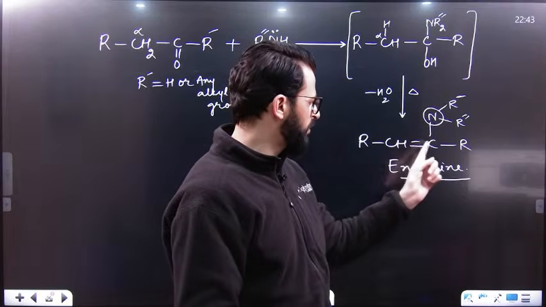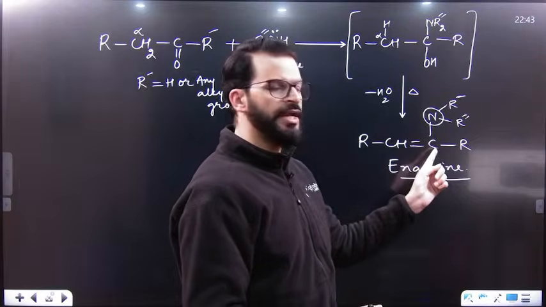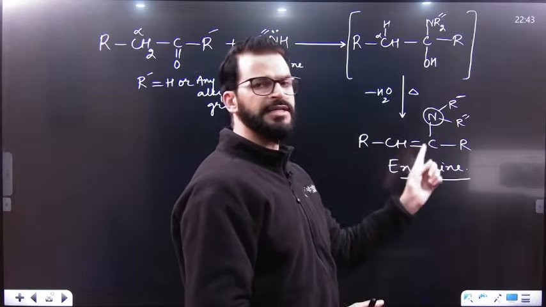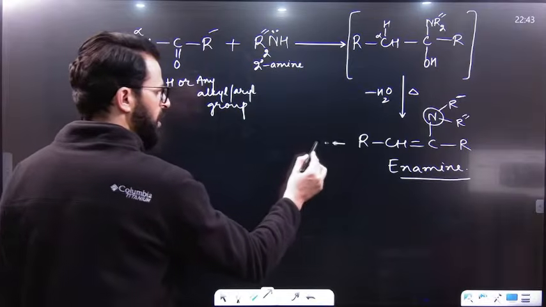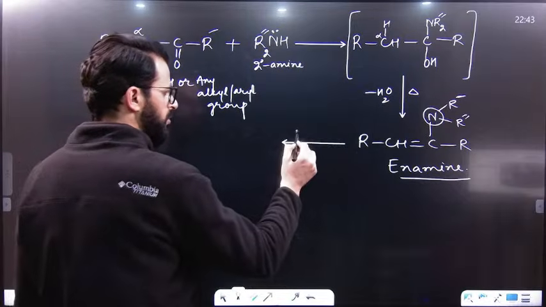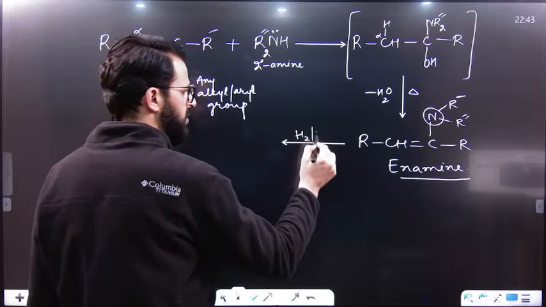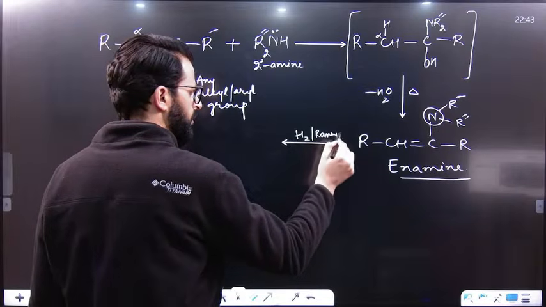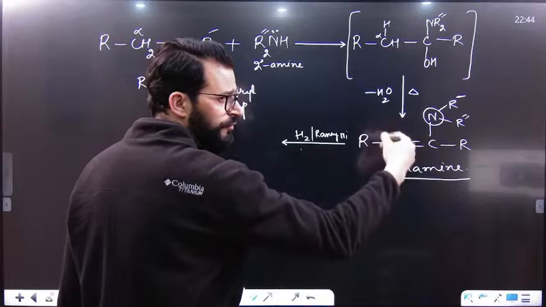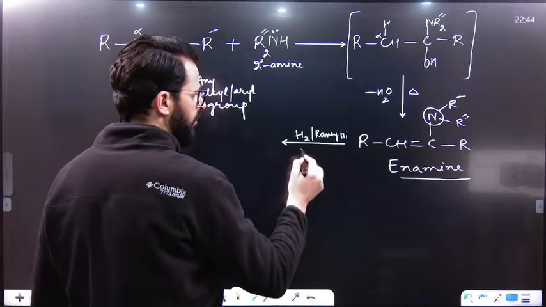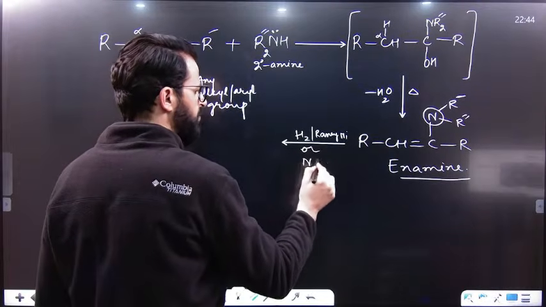Then this pi bond will be broken. It becomes CH2, it becomes CH. I mean to say at that time we will get a tertiary amine. After reduction, it will give a tertiary amine. Otherwise, without reduction, it will give enamine.